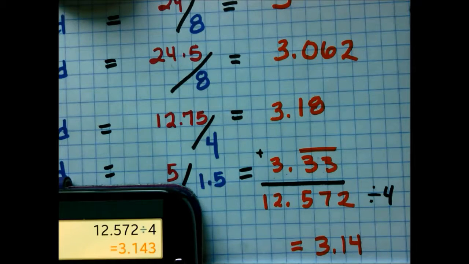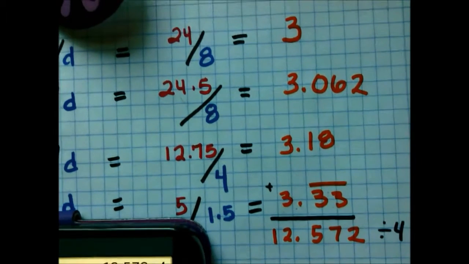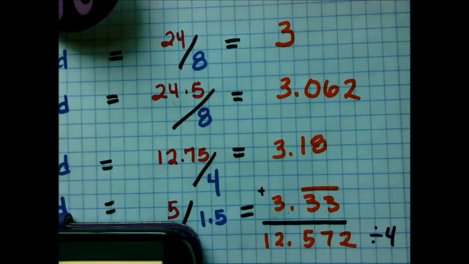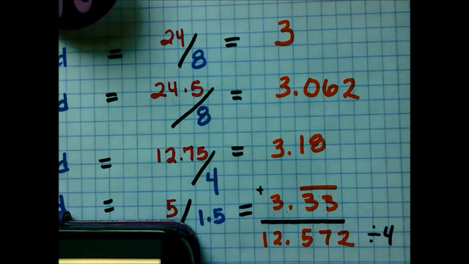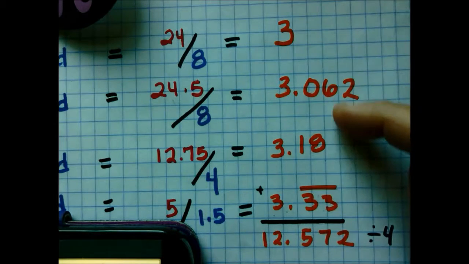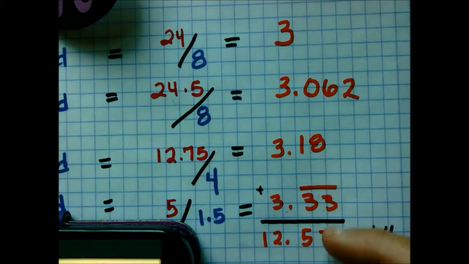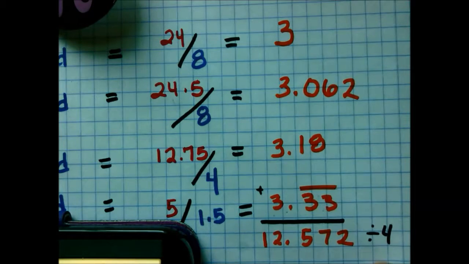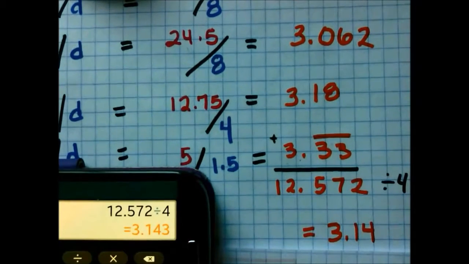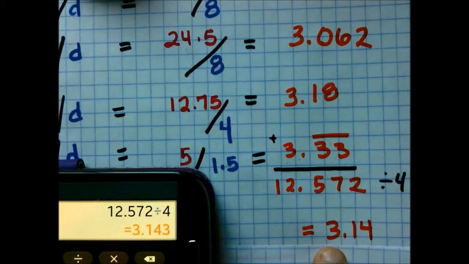But the only way I could get there is to use 4 different items, figure out the ratios between circumference and diameter, and see that they're not exact, add them up, divide them by 4 to get the average, and end up, as we can see, 3.14.